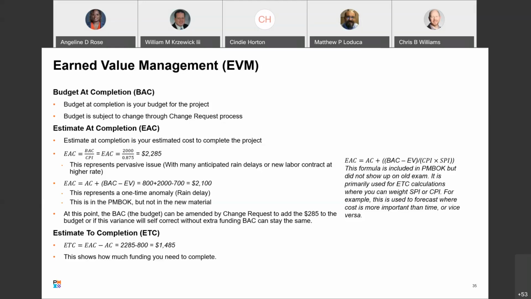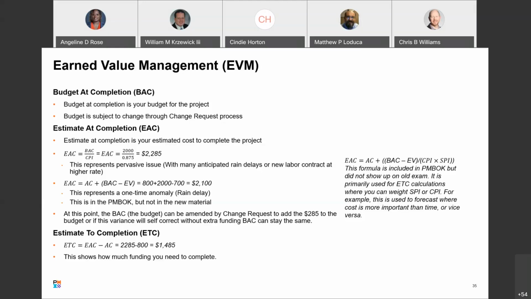Estimate to completion is, from this point to the end of the project, how much more money we need. And that's EAC minus AC. So if you think about it, it makes it straightforward, right? Our revised budget minus how much money we've already spent in the past. The difference gives you what you need from here to the end, which is $1,485.